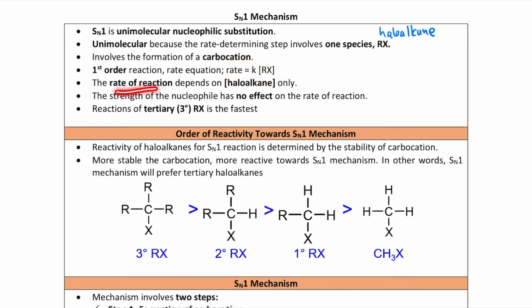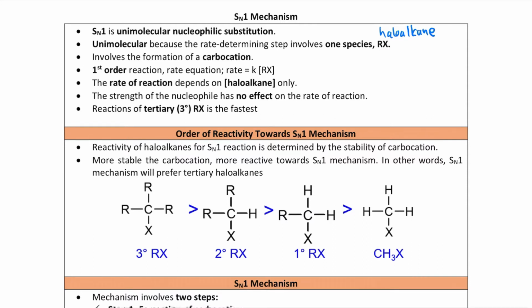Okay, so ni dekat bawah ni dia tulis the rate of reaction depend only on concentration haloalkane. Right, so sebab tu dekat atas ni dia relate lah, this point here related lah. Okay, maksudnya unimolecular ni sebab rate of reaction tu hanya bergantung kepada concentration haloalkane sahaja. The strength of the nucleophile has no effect on the rate of reaction. Okay, so kekuatan nucleophile tu macam tadilah, kita kan ada strong nucleophile, ada weak nucleophile.